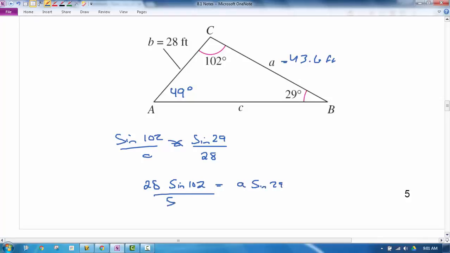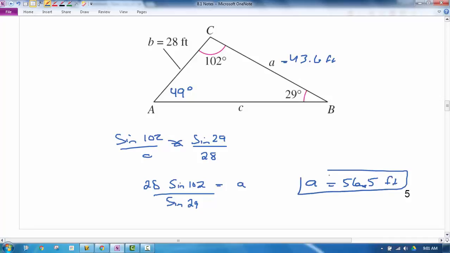Divide both sides by the sine of 29. It doesn't matter what you use as long as you stay consistent with the sine of one angle over its opposite side equals the sine of a different angle over its opposite side. In this case, that gives me approximately 56.5 feet. And I'm sorry, this was not A, this was C. I can't read my own handwriting. So this is C right here.